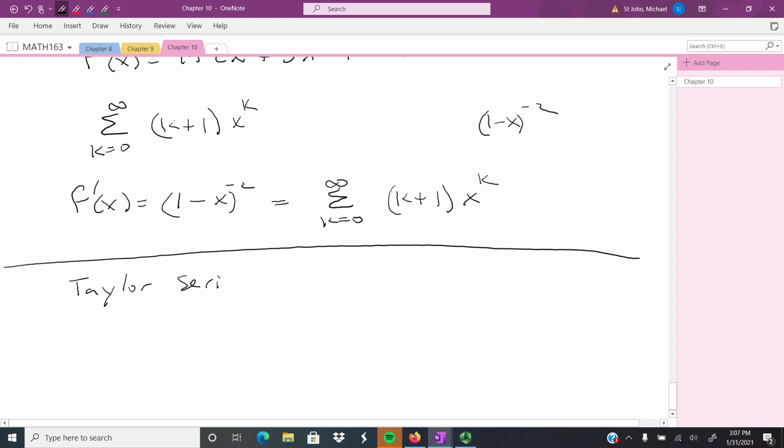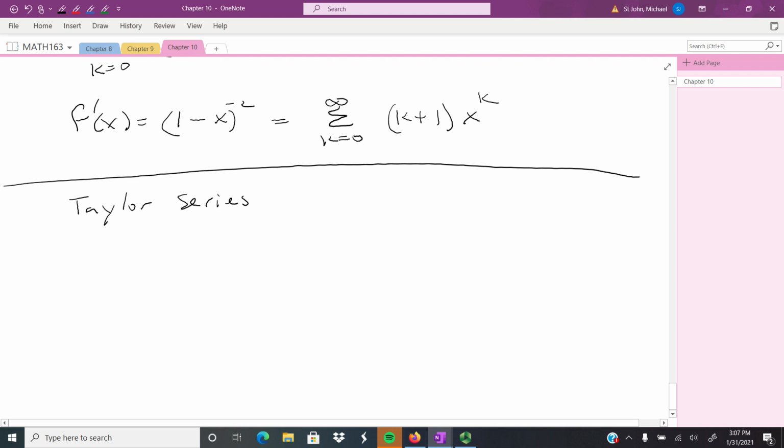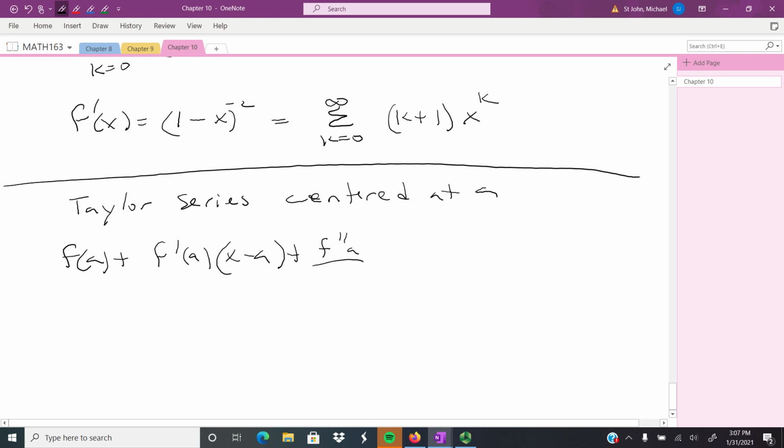First off, the Taylor series is centered at a, and so this is f(a) + f′(a)(x − a), and then the second derivative term times (x − a)², plus the third derivative term times (x − a)³, and so on.